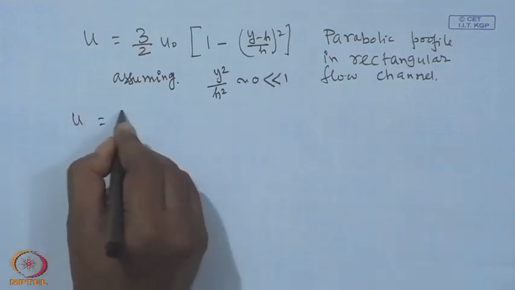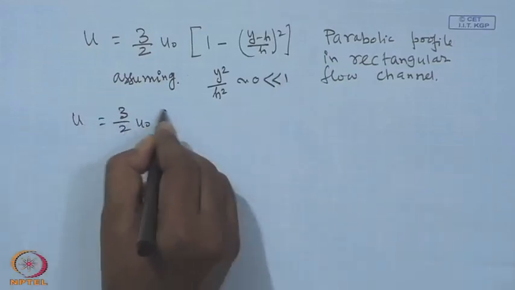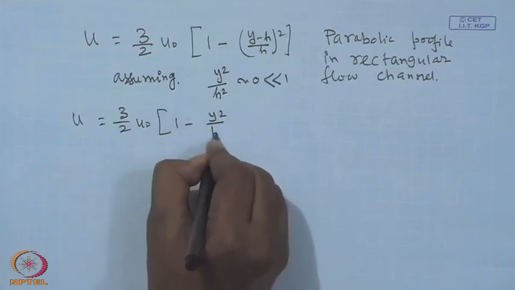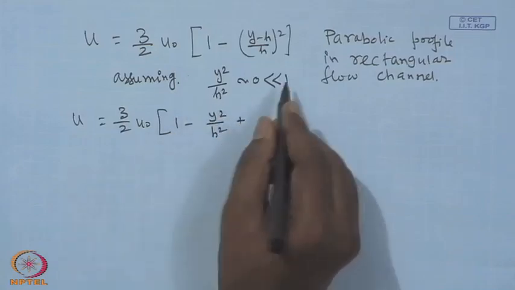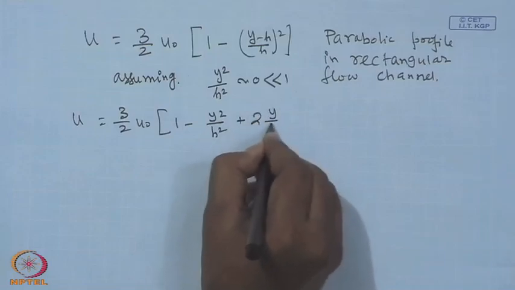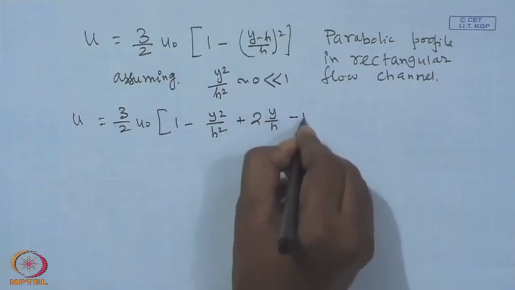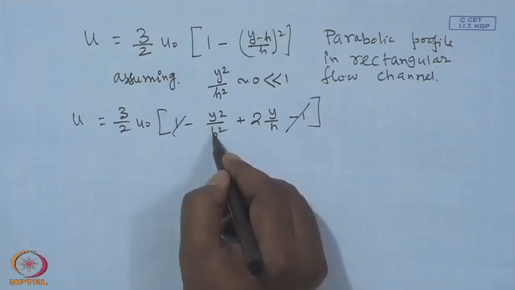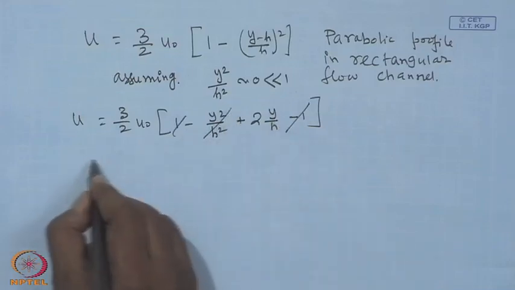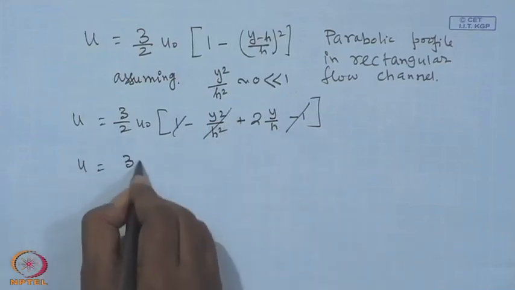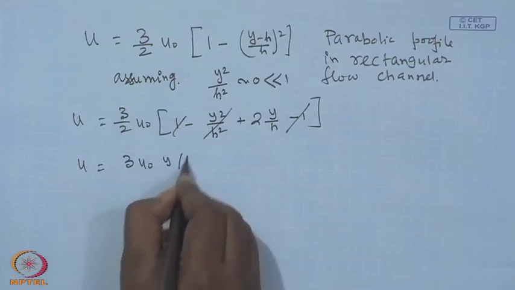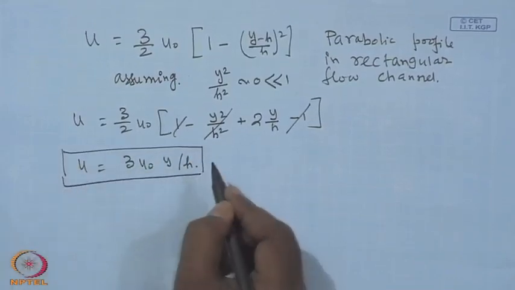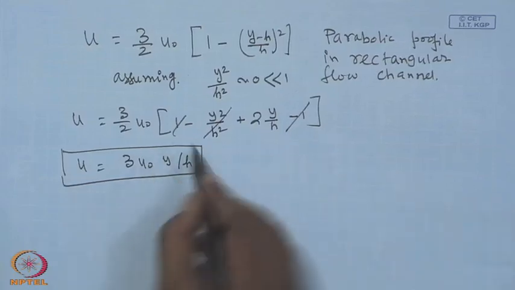So, with this you will have 3 by 2 u naught times 1 minus y square by h square plus 2 y by h minus 1. So, 1 will be cancelling out, y square by h square is small compared to y by h, then you will have 3 u 0 y over h.